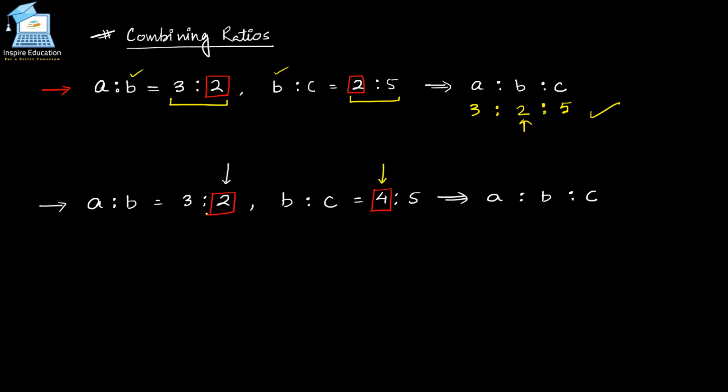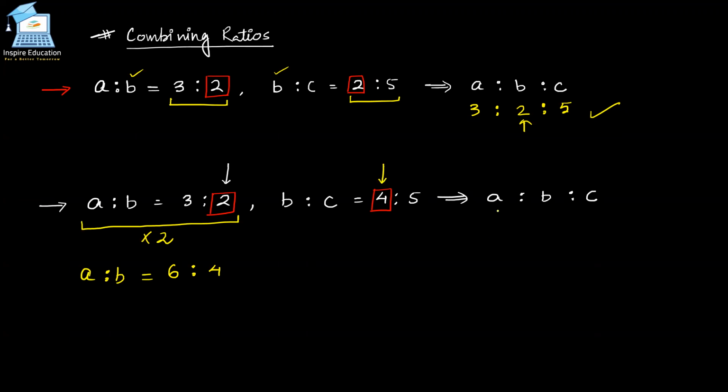So instead of dividing 4, we will multiply 2. So we need to multiply this ratio by 2. A is to B will become 6 is to 4. I told you in the last class that whenever we multiply the ratio with a particular number, we multiply both parts of the ratio, the antecedent as well as the consequent. So this has become 6 is to 4.